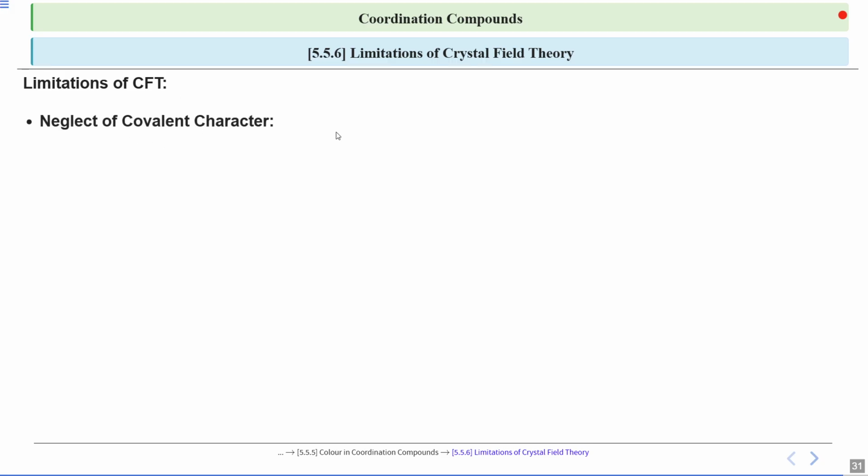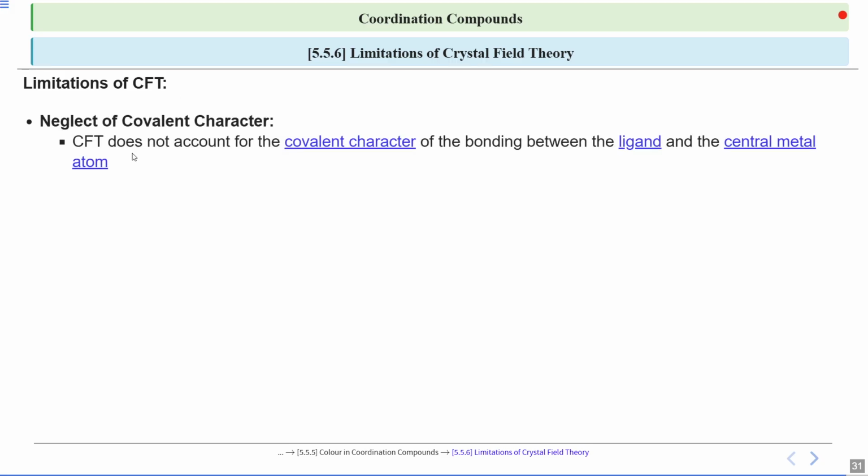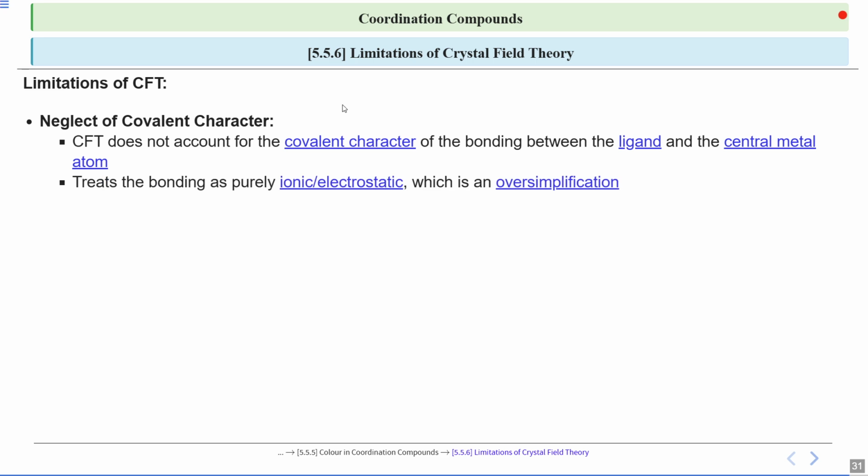Neglect of covalent character. CFT, or crystal field theory, does not account for the covalent character of bonding between ligand and central metal atom. Crystal field theory doesn't talk about this, doesn't explain this. It treats the bonding as purely ionic or electrostatic, which is an oversimplification.